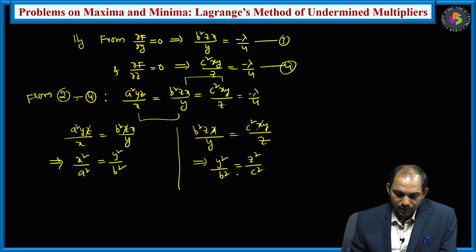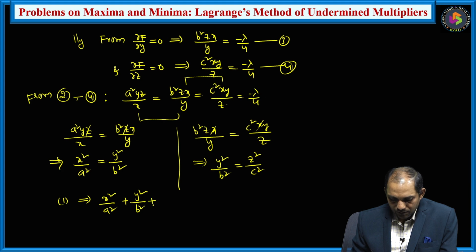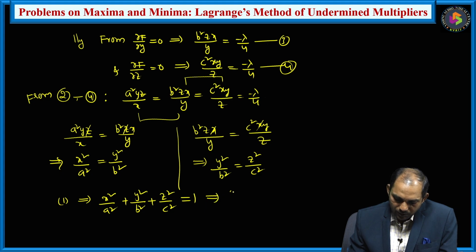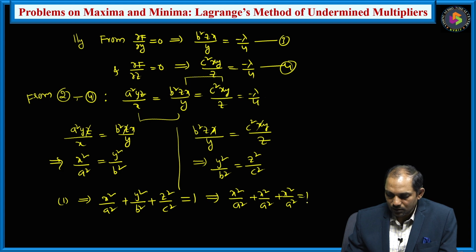Now, we have to make use of these relations between x, y and z in the condition. That condition is given by x square by a square plus y square by b square plus z square by c square equal to 1. From this, x square by a square is the same, y square by b square I can write as x square by a square, and z square by c square is y square by b square, which in turn is x square by a square. You are going to have 3 times x square by a square is equal to 1.